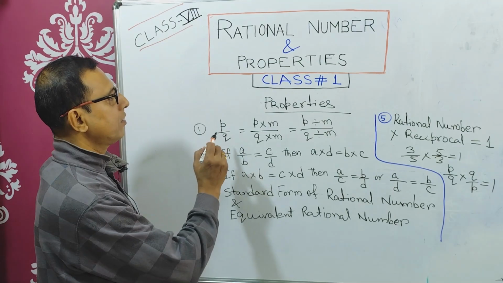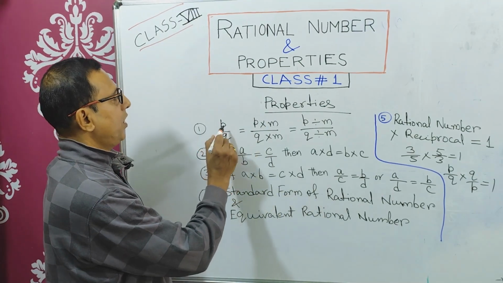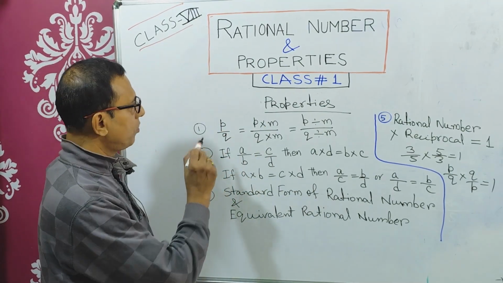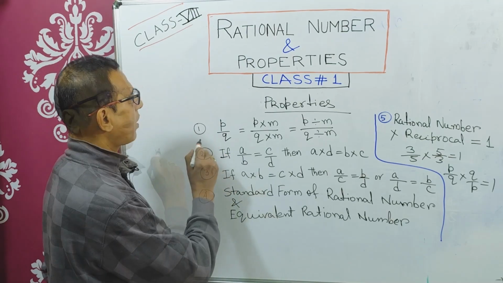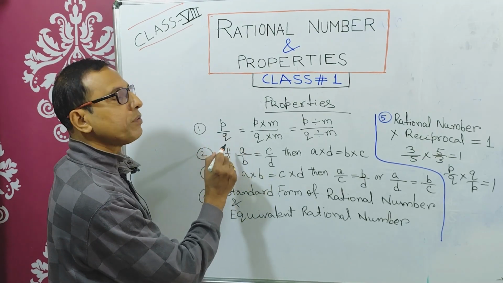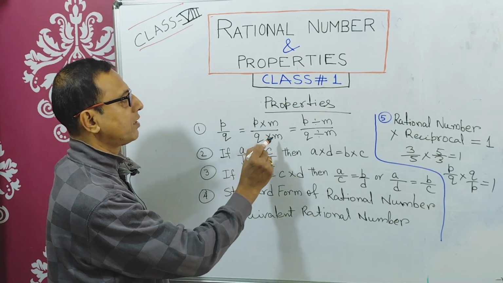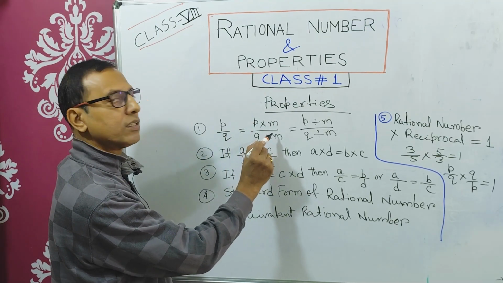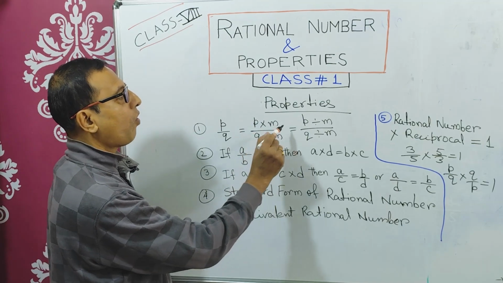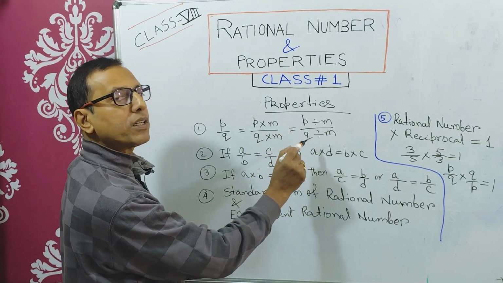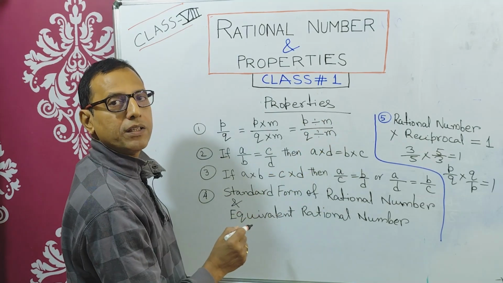So what have we learnt? Just a quick synopsis. If p by q is a rational number, you can multiply both numerator and denominator by the same integer m, where m is not equal to 0, or you can divide both the numerator and denominator by the same integer.